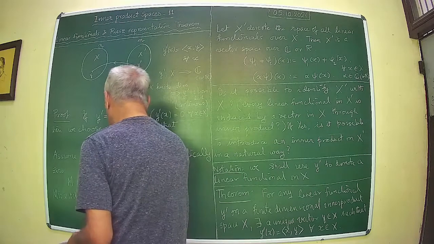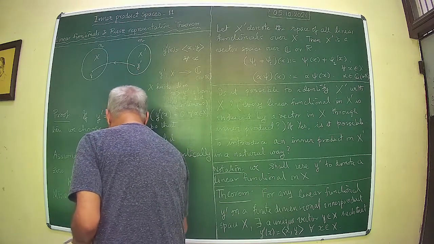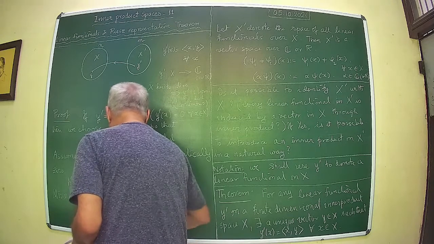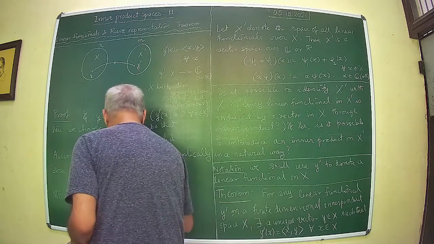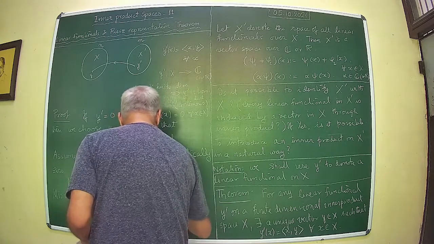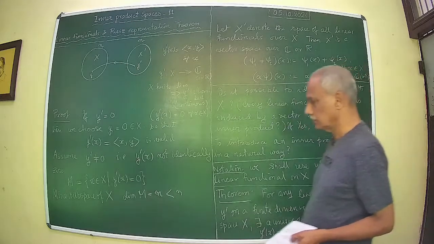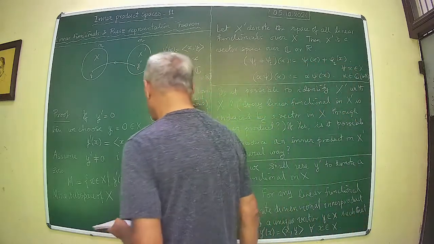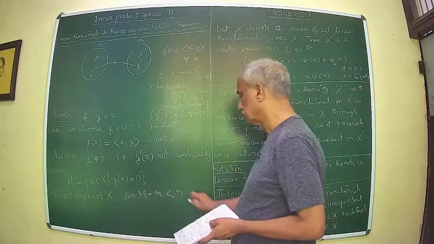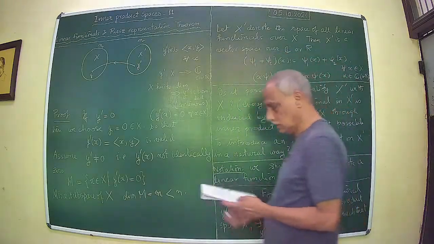Because of the assumption that y prime is not equal to 0, the dimension of M equals some small m which is strictly less than n.